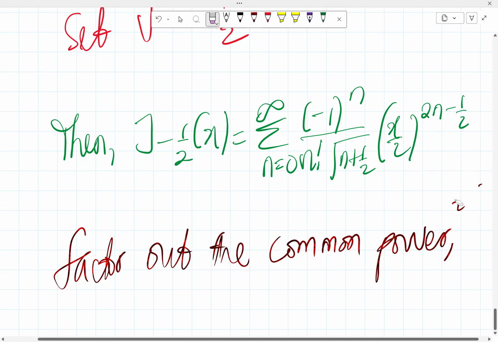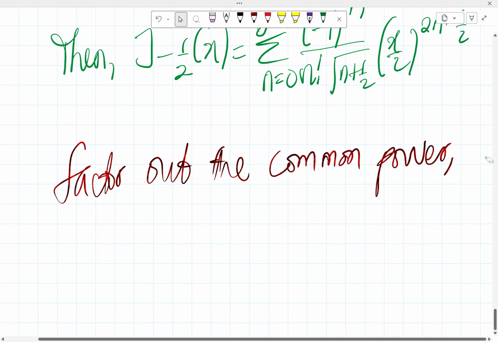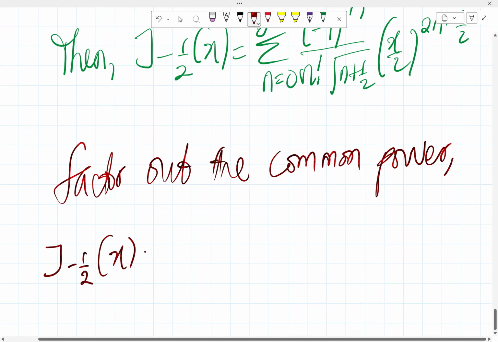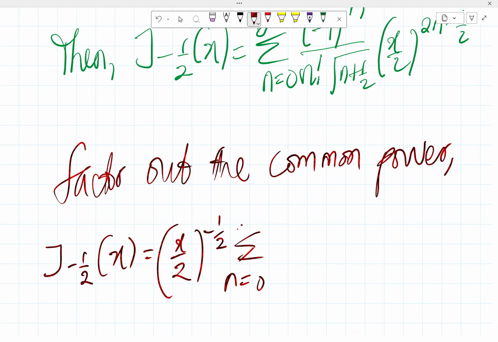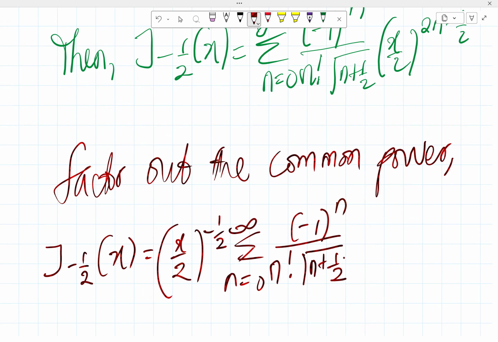Okay, so to do that, we then have J minus half of x equals x over 2 raised by minus 1 over 2, then summation from n equals 0 to infinity of minus 1 raised by n all over n factorial gamma n plus 1 over 2.